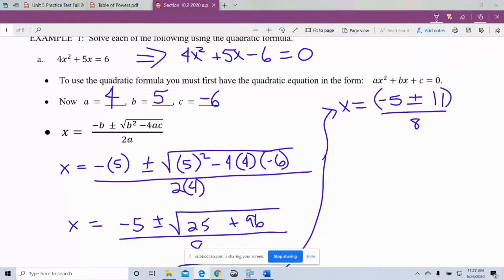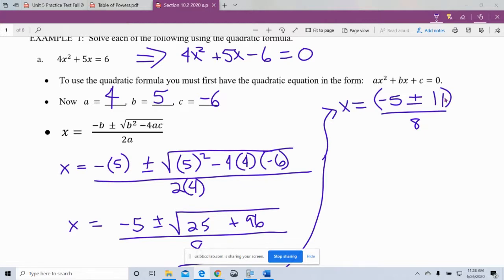I need to do each of these additions and subtractions in the numerator before I worry about dividing by the 8, because there are these implied parentheses around the numerator. Now, notice that -5 and positive or negative 11 are like terms, right? Neither one has a radical while the other one doesn't. Neither one has an i while the other one doesn't.